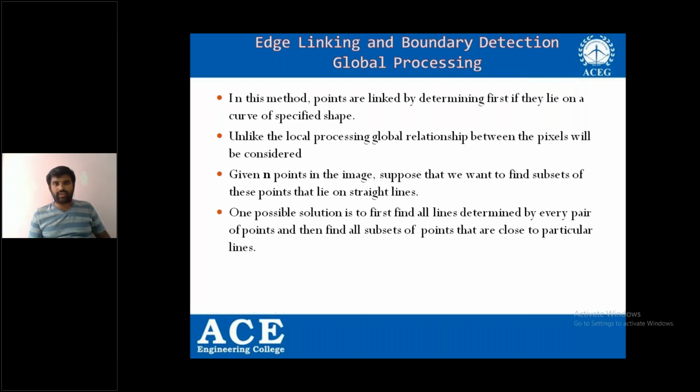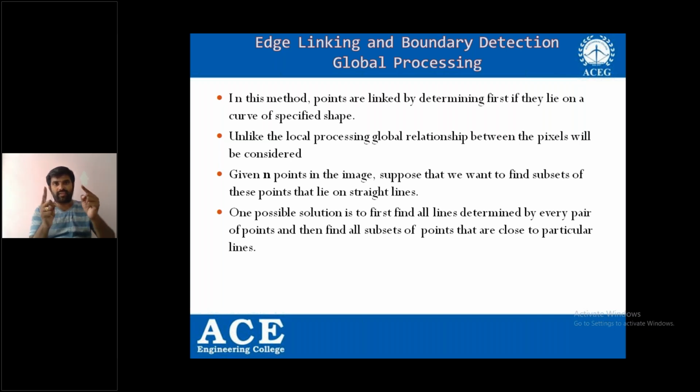Right? For example, here I have two pixels. So between the two pixels, I can draw a straight line. And by drawing the straight line here, I am going to compare each and every pixel whether it is lying on the line or not.